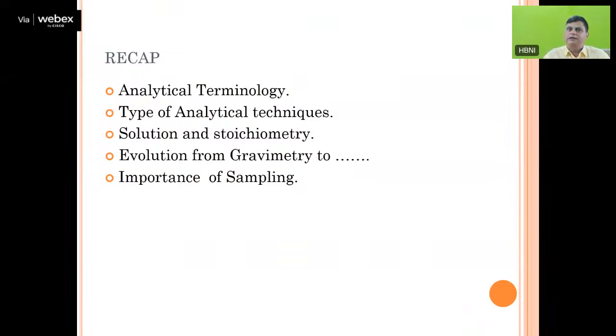Then we have seen the various classifications of the different analytical techniques.